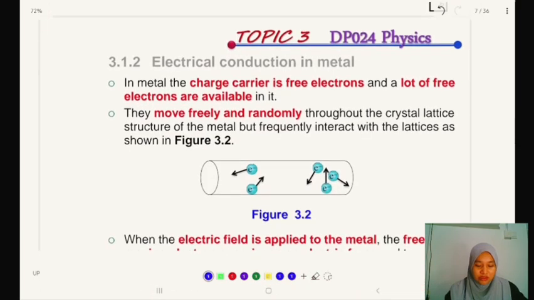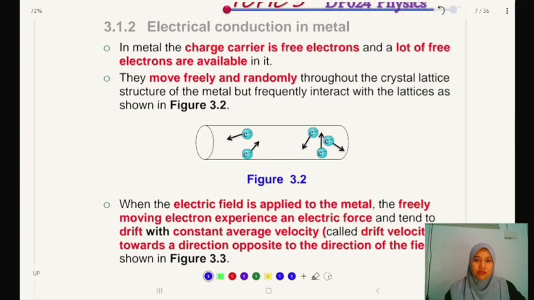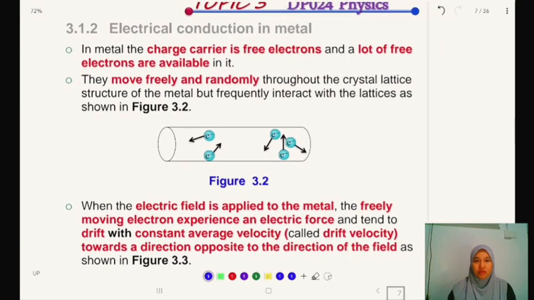So electrical conduction in metal, this is the explanation from the video the teacher showed you earlier. In metal, the charge carrier is the free electron. So what carries the charge is the free electron, and a lot of free electrons are available in it. The metal here is usually copper. They move freely and randomly throughout the crystal lattice.